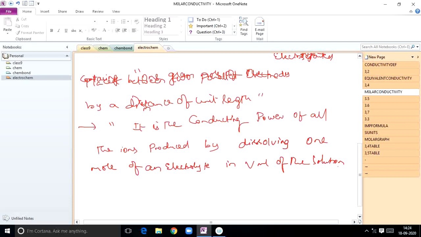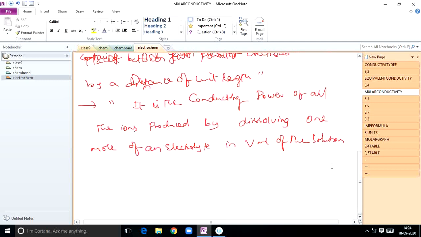So now how do we represent this mathematically? What is the relation between molar conductance and conductance?